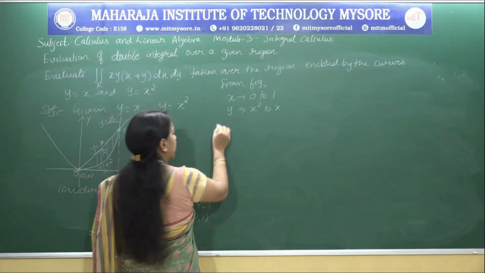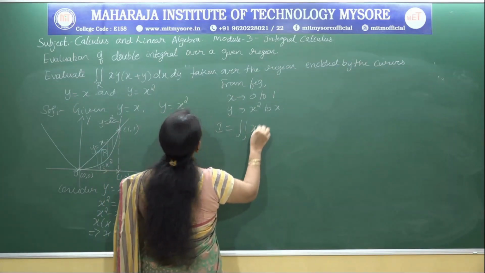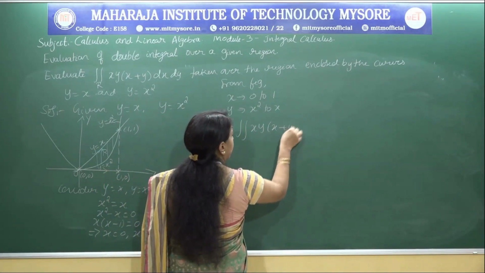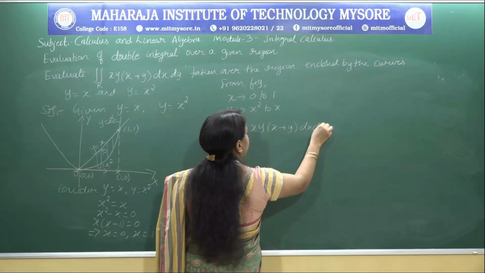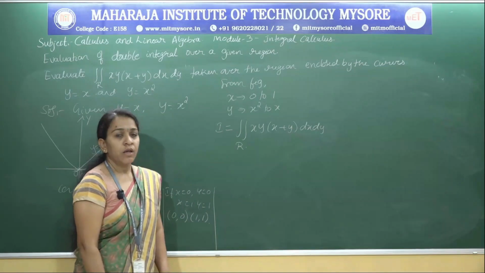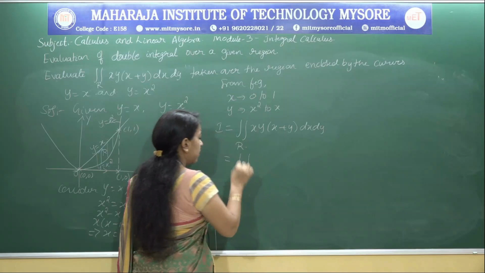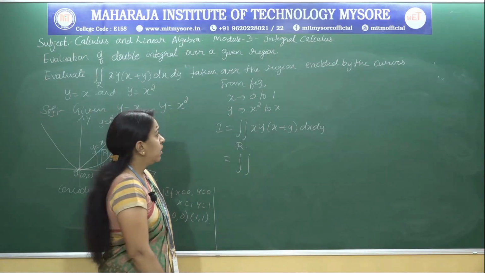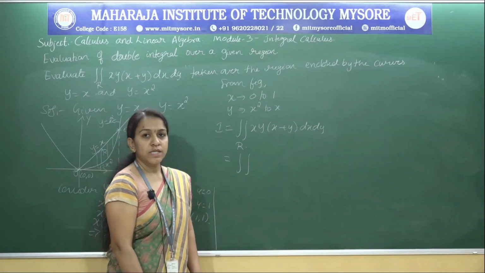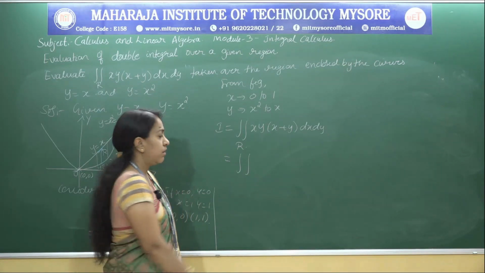Now consider the given integral as I. I is the double integral of xy into x plus y dx dy over the region R. Replace your limits. Of course, the constant limit should be the outer limit and the variable limit should be the inner limit.